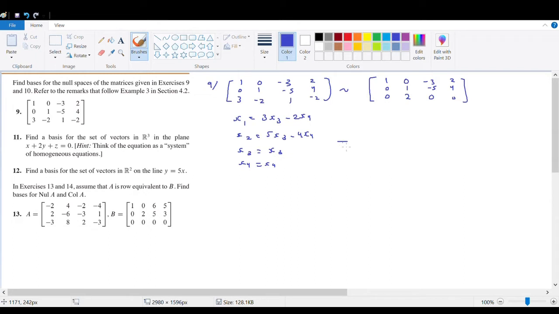So from here the basis will be the coefficients of x3 and x4, which are the free variables. So the basis for Nul A is, the coefficient of x3 is 3, 5, 1, 0.